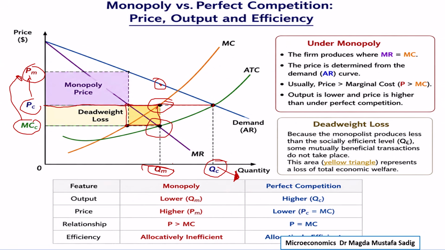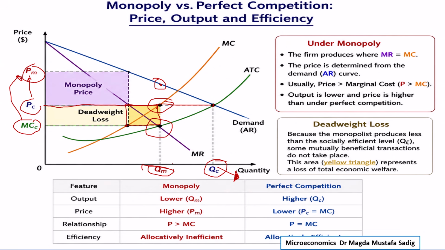Why? The basic reason for deadweight loss is that the monopolist produces less than the socially efficient level of output. As a result, some transactions that could provide benefits to both buyers and sellers do not take place. Let us think about this carefully. There may be units of product that consumers value enough to purchase, and that could be produced at a cost that makes production worthwhile.